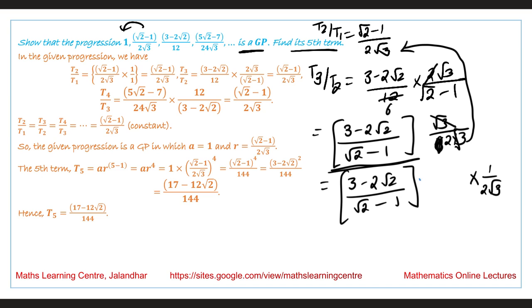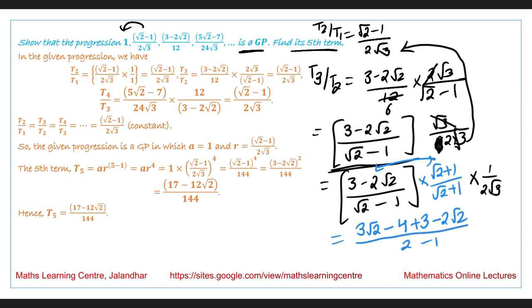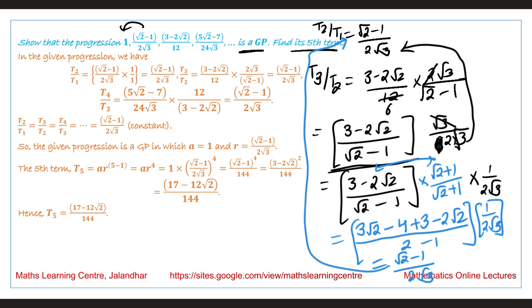Now if we rationalize this term, we write root 2 plus 1 divided by root 2 plus 1. When we multiply these terms, we get (3 root 2 minus 4 plus 3 minus 2 root 2) divided by (2 minus 1), into 1 by 2 root 3, and this is equal to (root 2 minus 1) divided by 2 root 3, and this is the value of T2 by T1.